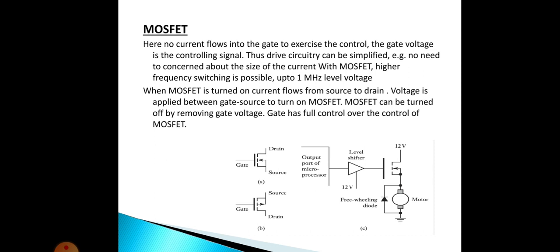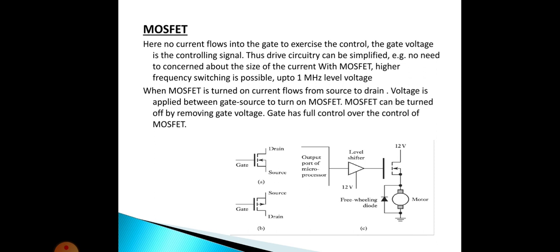Only one signal given to the gate starts it. Thus the driver circuitry can be simplified. There is no concern about the size of the current with a MOSFET. Higher frequency switching is possible, up to the 1 megahertz level.